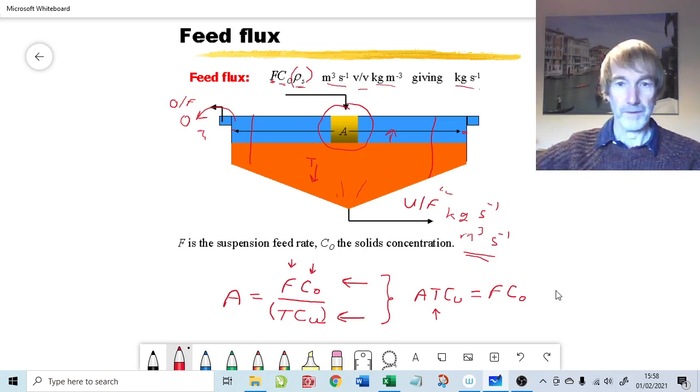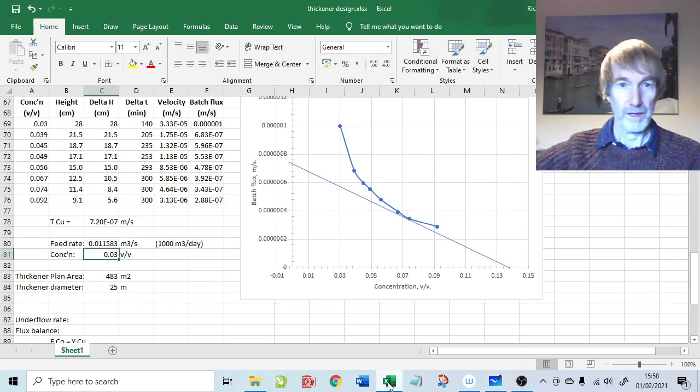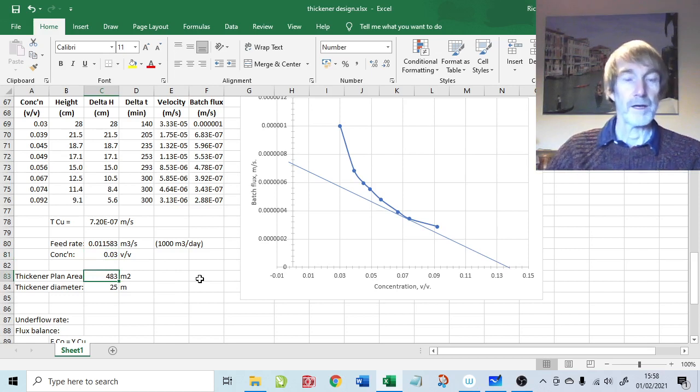So that simple flux balance there gives us the equation which we just used, area equals FC0 over TCU, and we get the TCU as this tangent to the batch settling curve just here. So the area in this case comes out to be 483 meters squared.